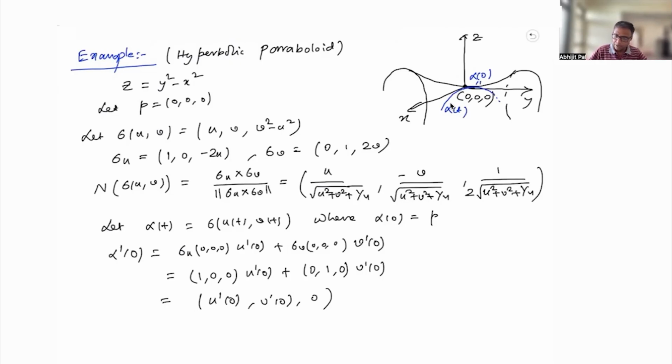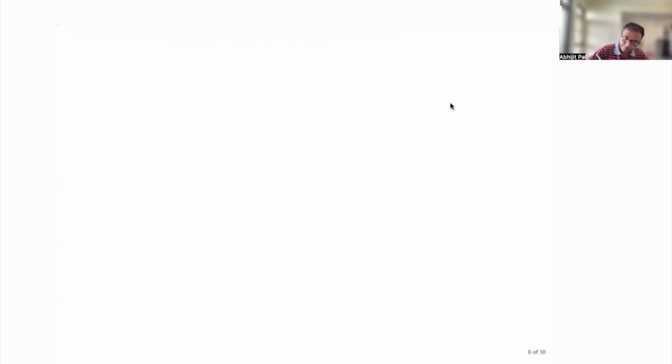Okay. Now we want to compute this dN_P at the point alpha prime 0. So how do you do this? dN_P of alpha prime 0 is equal to the limit as t tends to 0 of (N(alpha(t)) minus N(alpha(0))) divided by t.